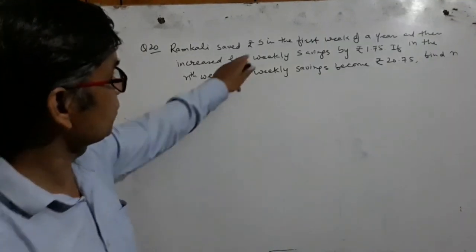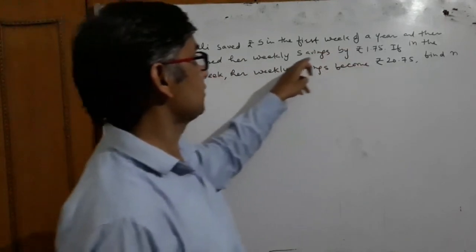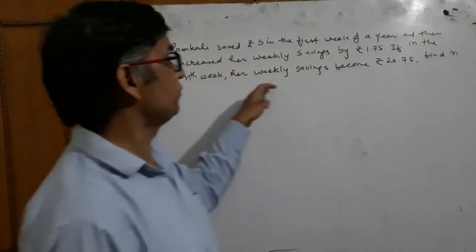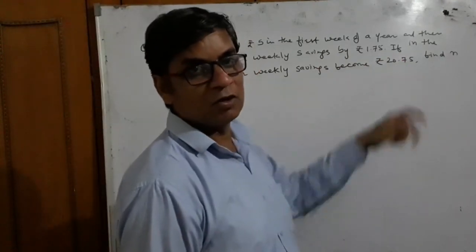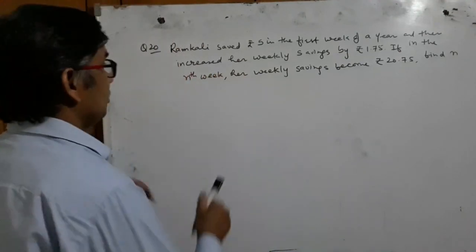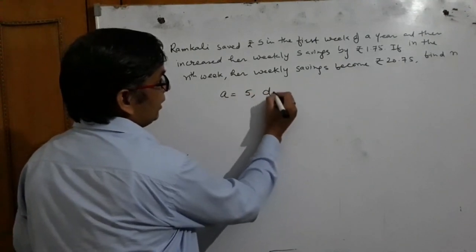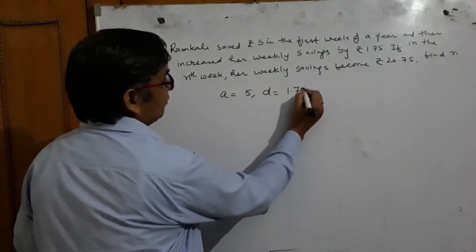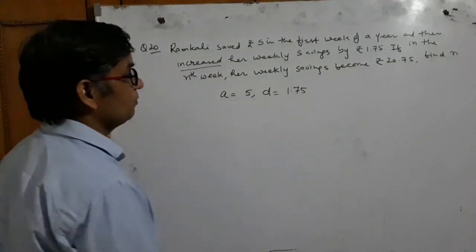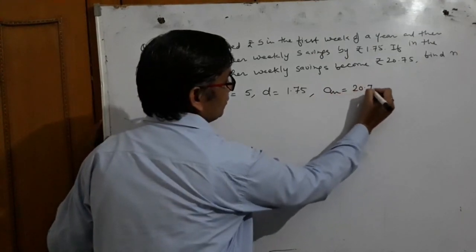Ramkali saved rupees 5 in the first week of a year and increased her weekly saving by rupees 1.75. In the nth week her weekly saving becomes rupees 20.75. We have to find n. Okay, it means first term is 5 and increment d is 1.75, and an equals to 20.75.